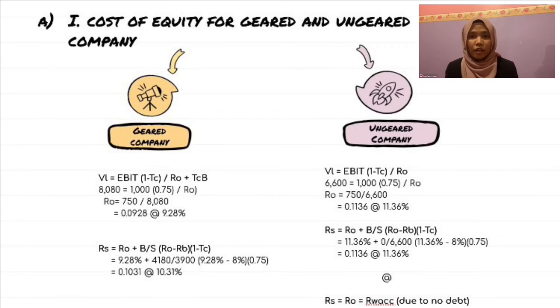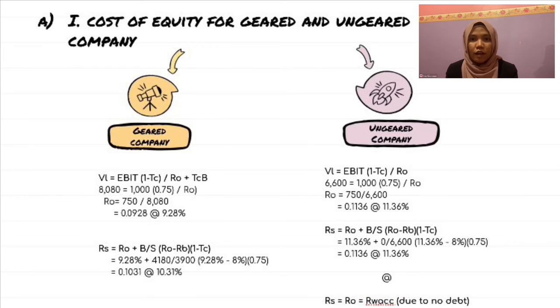So for the ungeared company, the value of firm equals to EBIT multiplied by 1 minus tax and divided by RO, which is 6,600 equals to 1,000 multiplied by 0.75 and divided by RO. The RO is 750 divided by 6600 and we get 0.1136 or 11.36%.